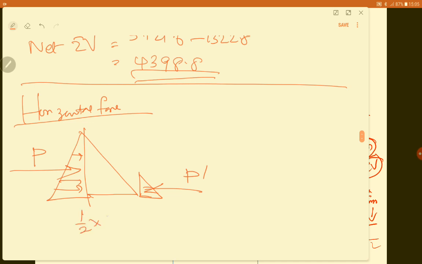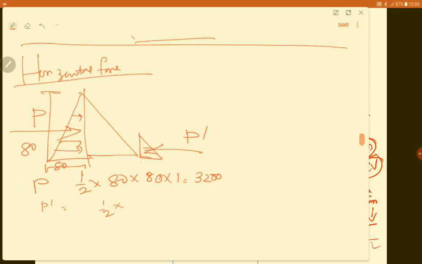Half into base is equal to W into H, that is equal to 80. Half base into altitude is again 80 into 1, that is equal to 3200, that is the value of P. Now what is P dash? Half into, what is the base value here?